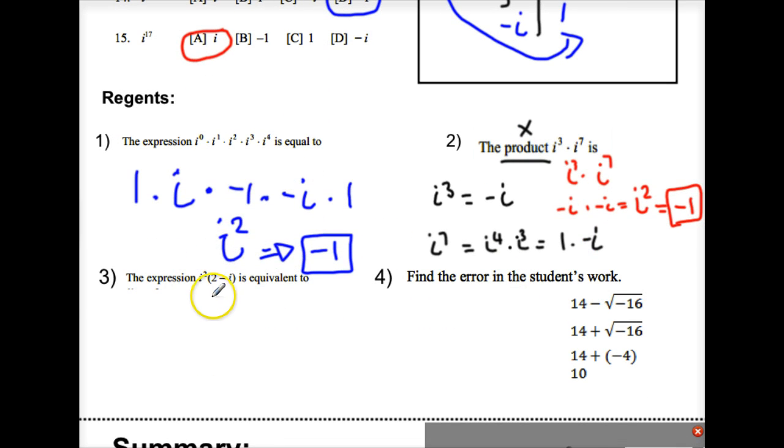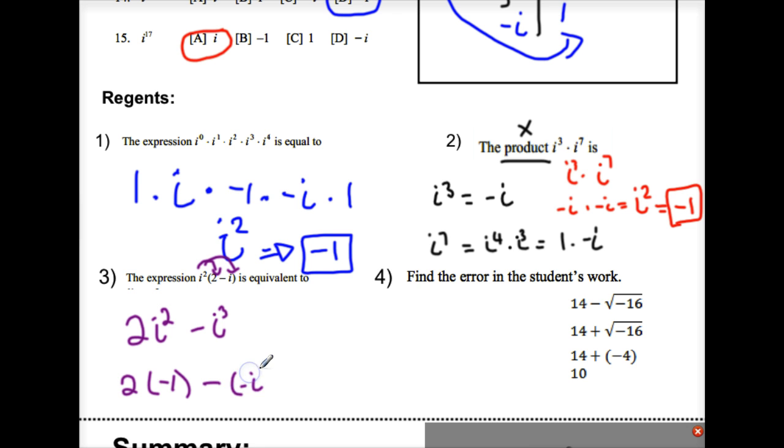The expression i square times the quantity 2 minus i is equivalent to. So this is your distributive property. Let's distribute these over first. This becomes 2i square minus i to the third. What is i square? 2 times i square, where i to the second power is negative 1, minus, what's i to the third?